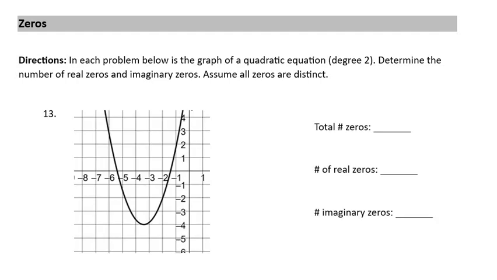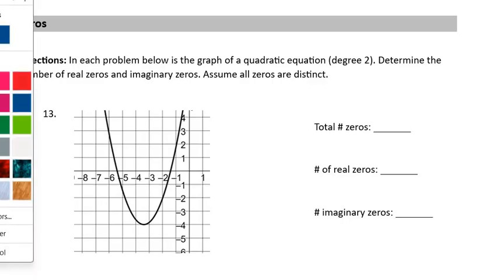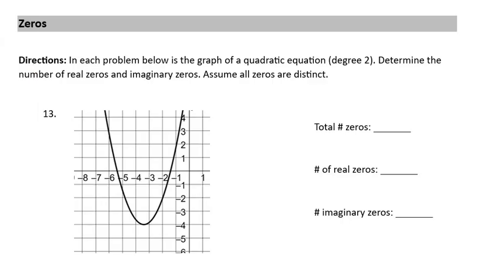Because my quadratic equation is degree 2, I know that there are going to be 2 zeros. The number of real zeros is my number of x-intercepts. So here and here. So I have 2 real zeros.